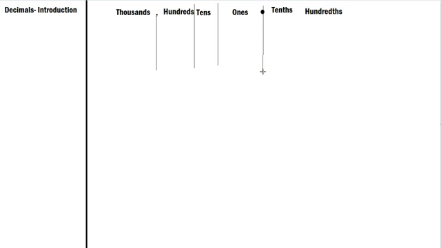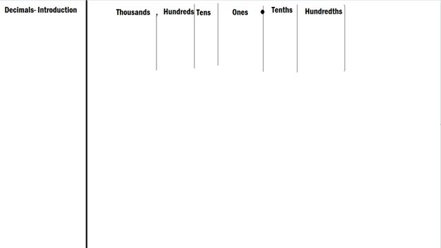This one comes right at the decimal point, and then I'll do hundredths. The next place, just to let you know, would be the thousandths place, but we're not going to worry about that one for now.